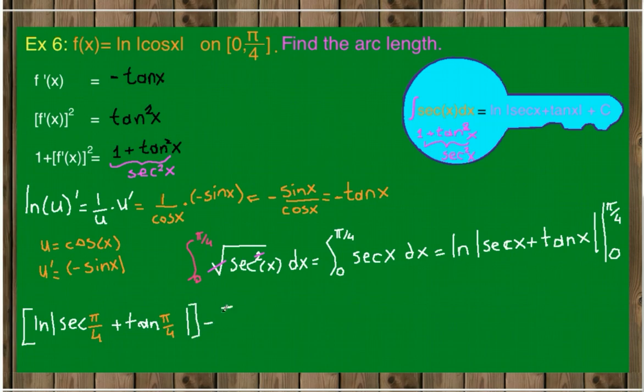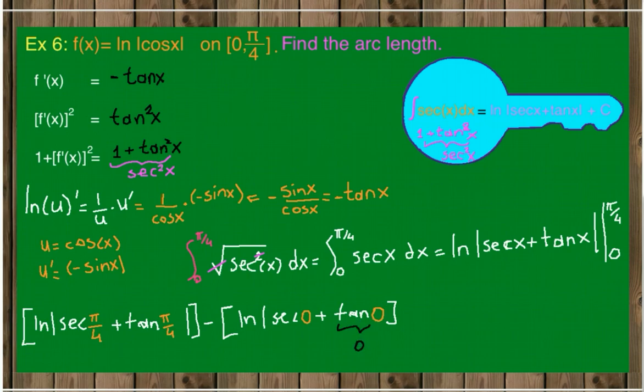Minus our lower boundary, ln of secant plus tangent, and our lower boundary is 0. Here we know that tangent 0 is 0.